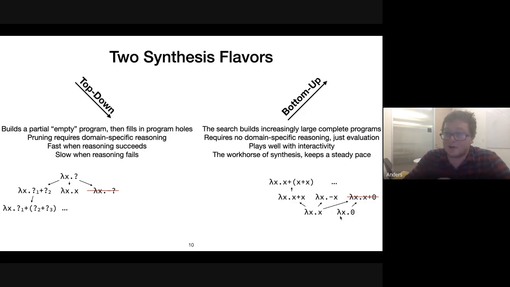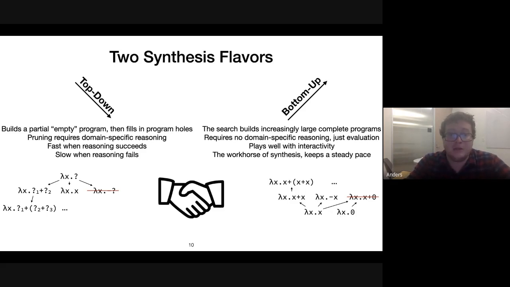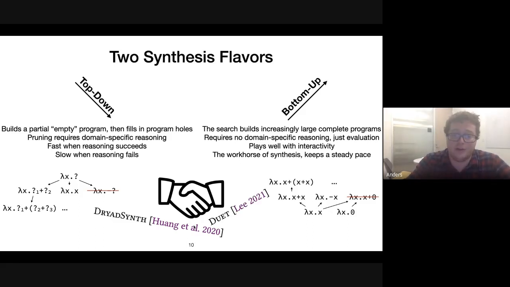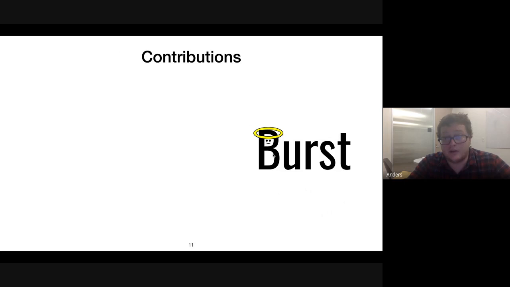It just keeps going steadily. It doesn't have the same sort of either very fast or very slow behavior; it just plods along. There have been some works that combine these two, like Dryad Synth and Duet, and they show that if you combine both, you get something better than either individually. But in the context of bottom-up synthesis, we're going to focus on that for Burst.